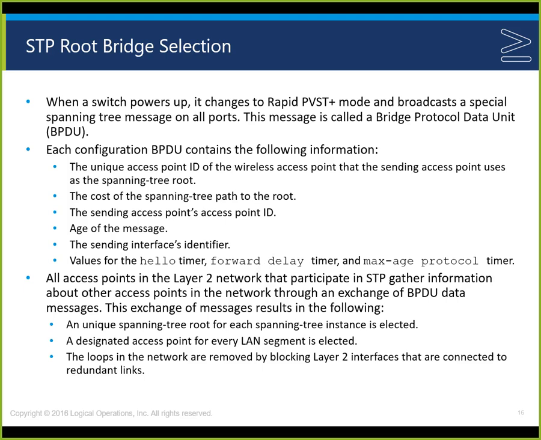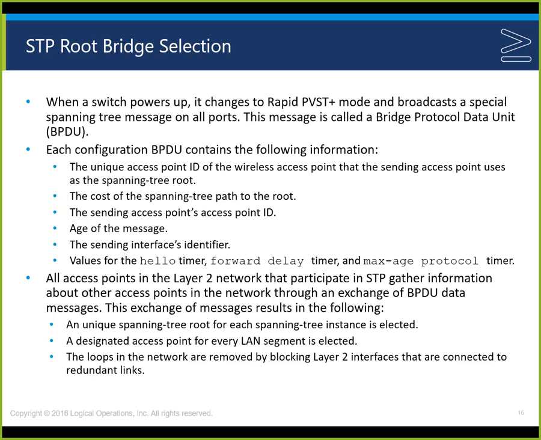Do this one and then take a break. When a switch powers up, it changes to rapid mode and broadcasts a special spanning tree message to all the ports with BPDU, and we saw what a BPDU looked like in the Wireshark. And this says rapid. It depends on how it's configured. If it's a default, it's going to be a per VLAN, PVST, not rapid PVST.